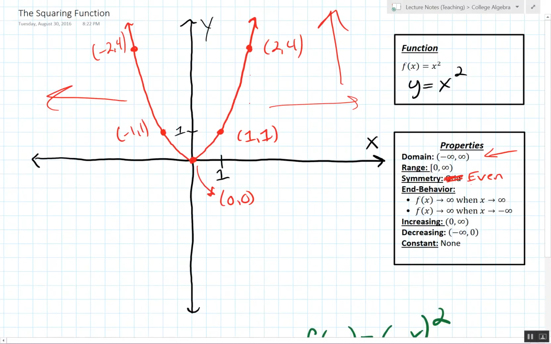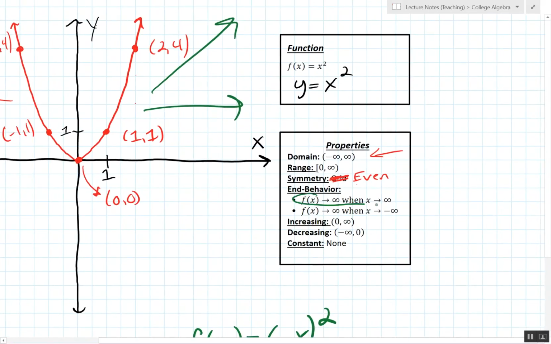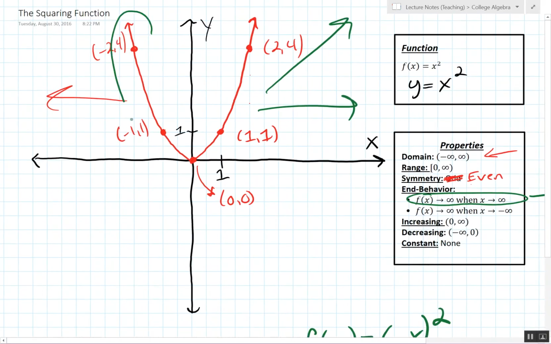And behavior. So as we go this way, our y values are eventually going up this way. So we're going to go up and to the right here as x gets larger. So this means we have upright behavior. And here, this part here, notice as x gets really small, the y values get really large again.